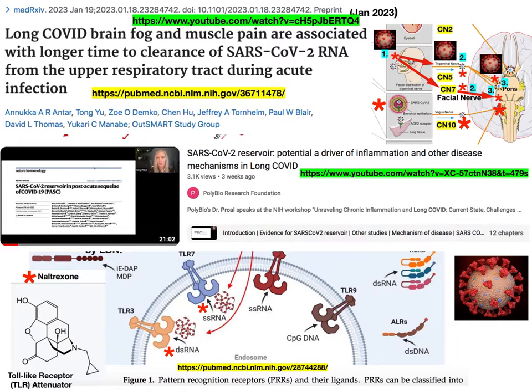Low-dose naltrexone is able to attenuate toll-like receptors that are present on the cell surface, as well as toll-like receptors which are contained within endosomes.